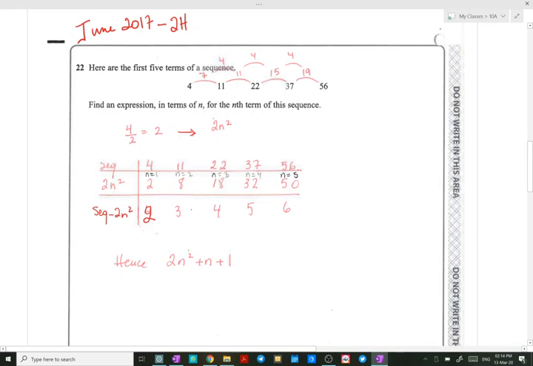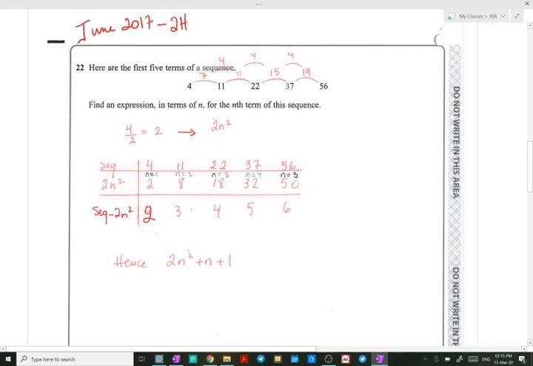But as you see, we don't have the same common difference. Therefore, let us subtract one more time. 11 minus 7 is 4, 15 minus 11 is 4, and 19 minus 15 is 4. So we have a constant second difference.